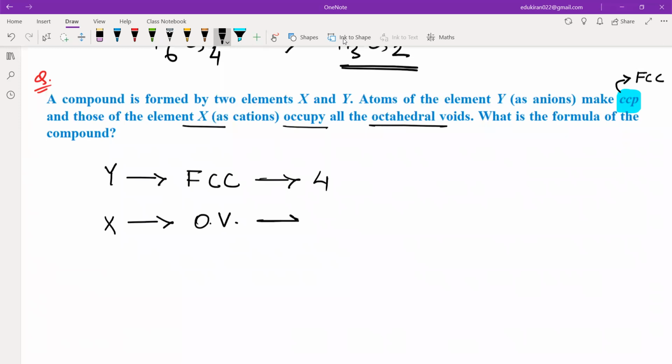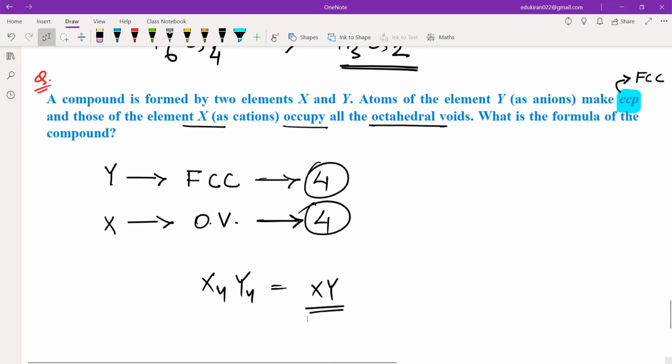How many octahedral voids are there? 4. So X4, Y4. You will get XY. Right? Yes or no? Yes, sir.